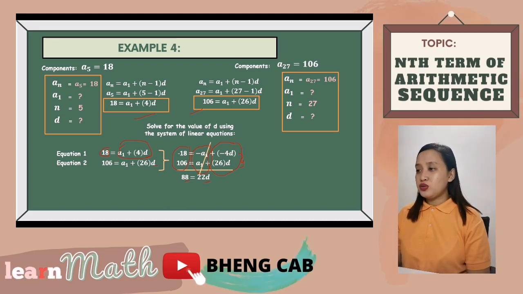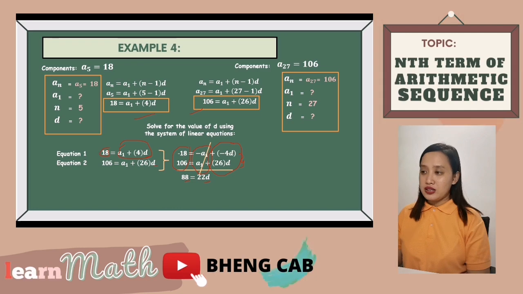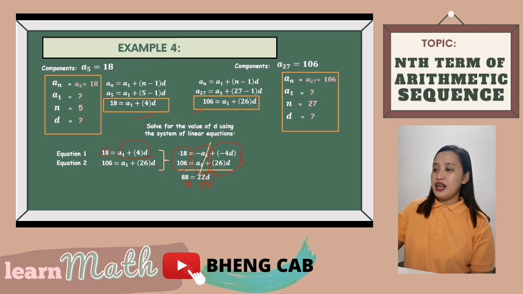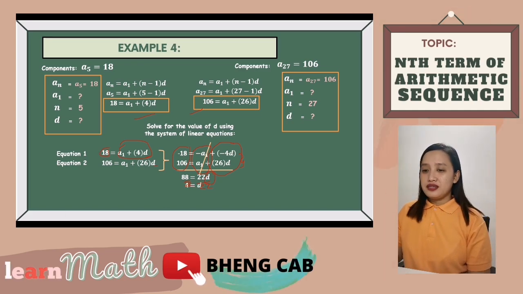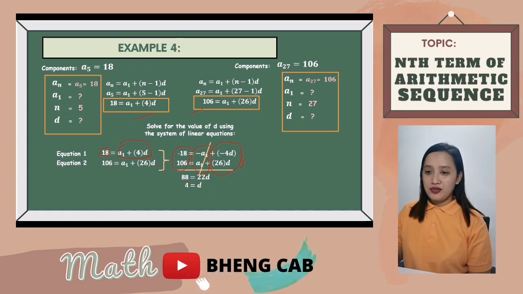So, bakit naging 22D? Kasi negative tapos positive na 26. So, meron tayong 22D. So, like what we did kanina sa example number 3, para mahanap natin yung value ni D, ano yung kanyang numerical coefficient? 22. So, ibig sabihin, sa 22, i-divide natin to both sides. So, we'll have D equals to 4.